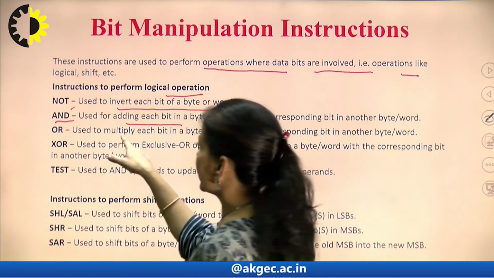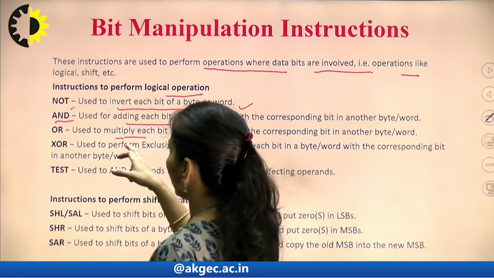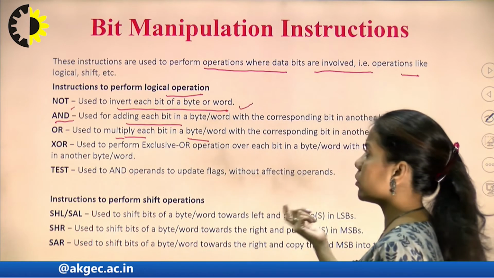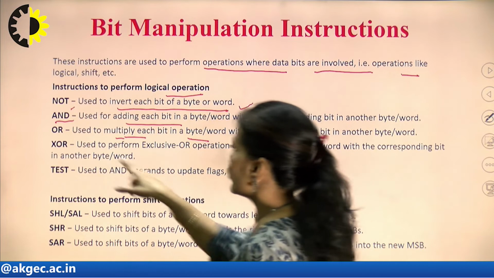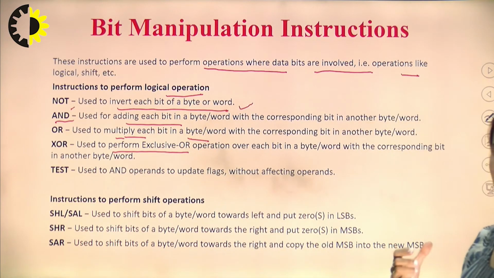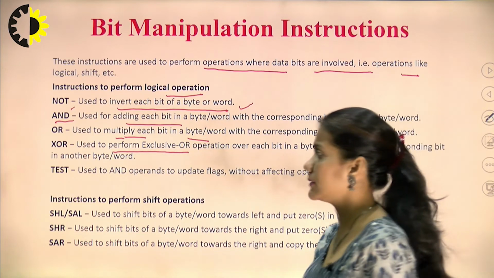OR is used to find the logical ORing between the given operands, which may be bytes or words. XOR is used to perform the exclusive OR operation between the operands. The operands may be bytes or words.